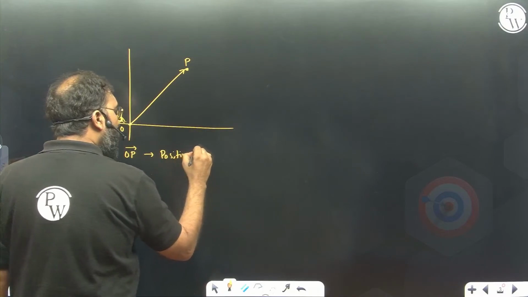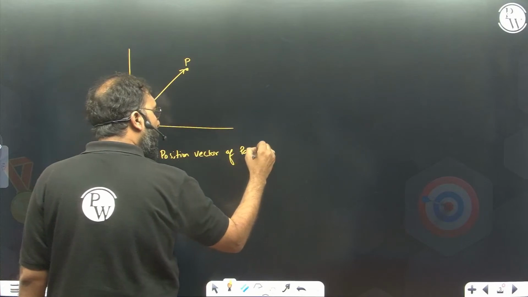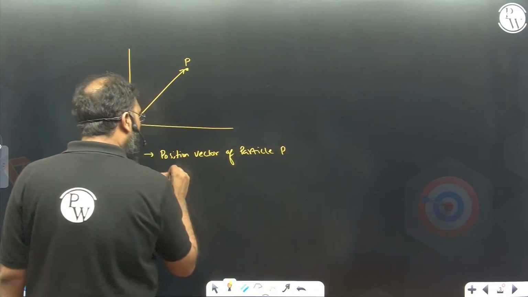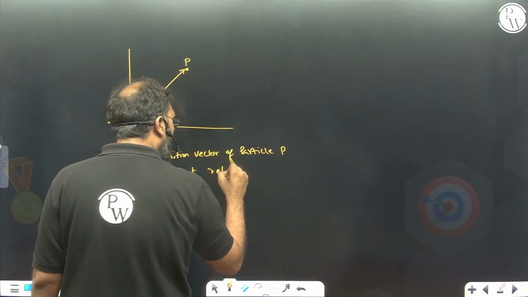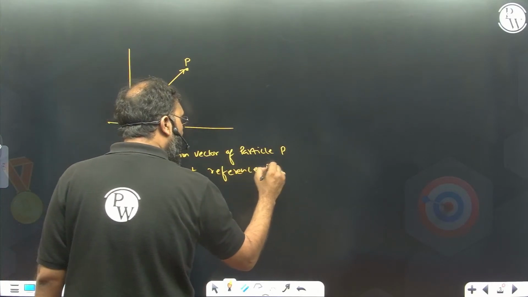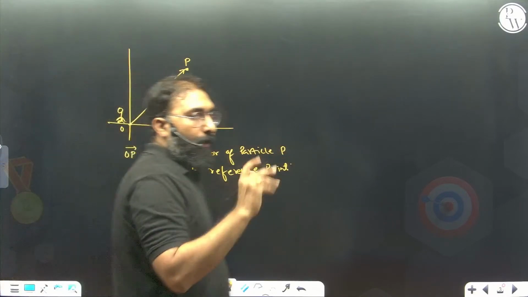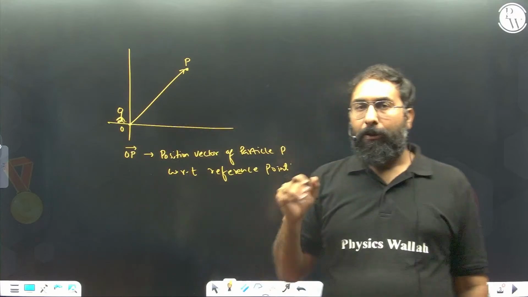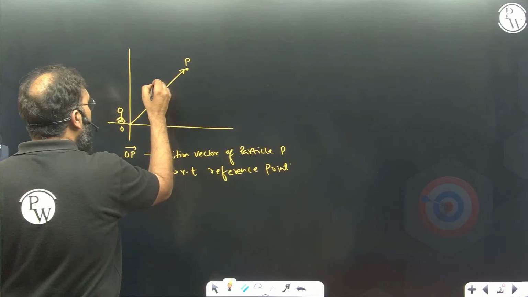This is the position vector of particle P with respect to the reference point. Whatever reference point you have taken, with respect to that, the position vector of the particle is defined like this, and I'm calling this vector R vector.